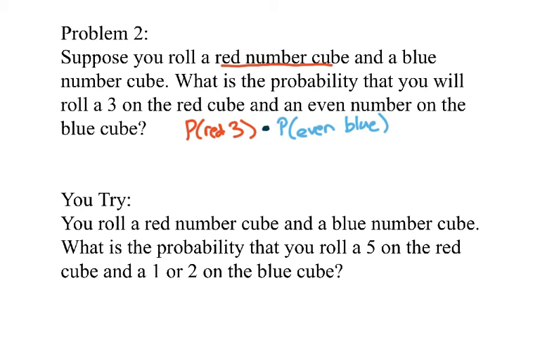The probability that we roll a 3 on the red one is 1 out of 6, times the probability that we roll an even on the blue, which would be 3 out of 6. You could reduce this to 1/2, which would give us 3 out of 36, or 1/12. So there's a 1 in 12 chance that we roll a red 3 and an even blue when we roll two number cubes.